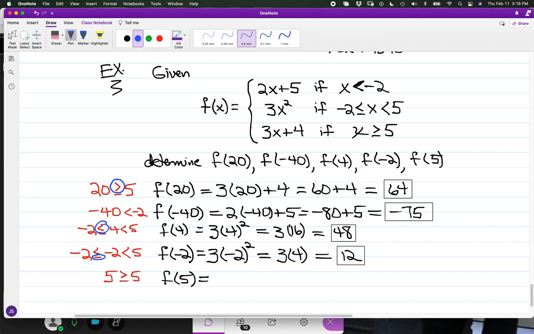So the equal part is true, and so 5 is going to receive the 3x plus 4 treatment. So for f of 5, we're going to have 3 times 5, followed by the addition of 4. 3 times 5 is 15, and in turn 15 plus 4 is equal to 19.